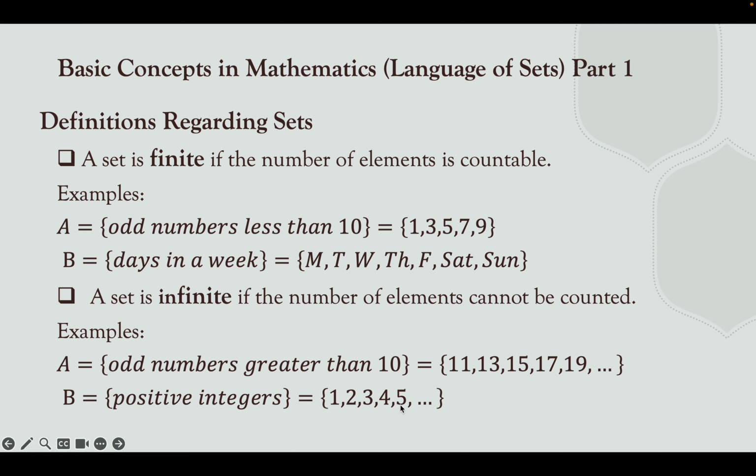We have 1, 2, 3, 4, 5, and so forth. We don't know what is the last positive integer, right? So that means that is an infinite set. Another example is set C, sand grains on earth. Sand grains on earth are not countable, or cannot be counted. So that is an example of an infinite set.